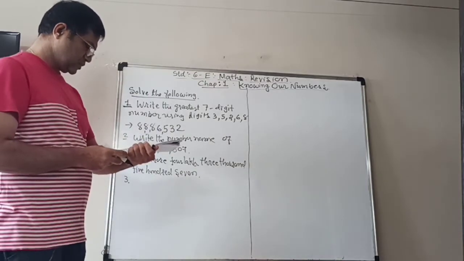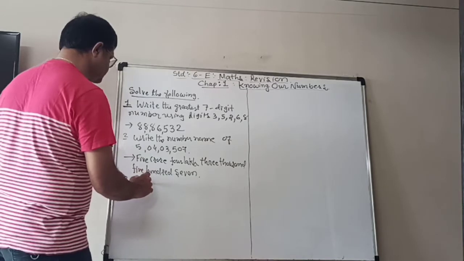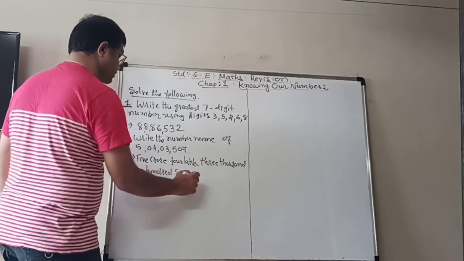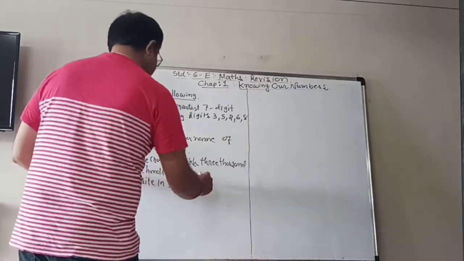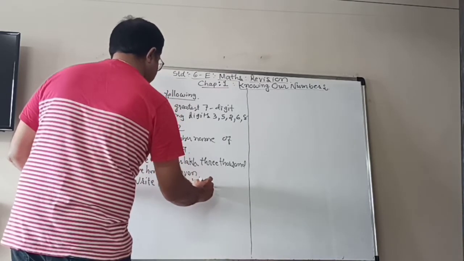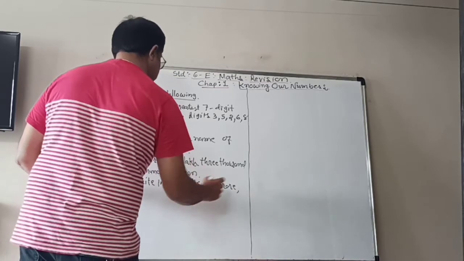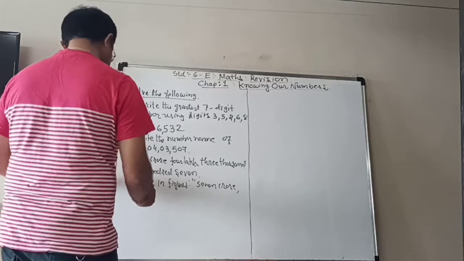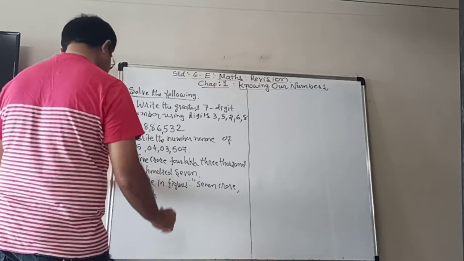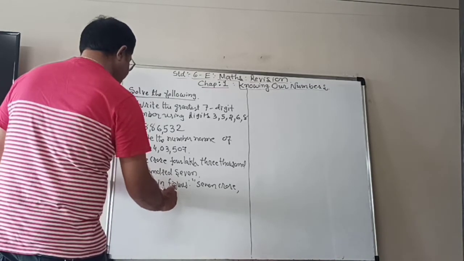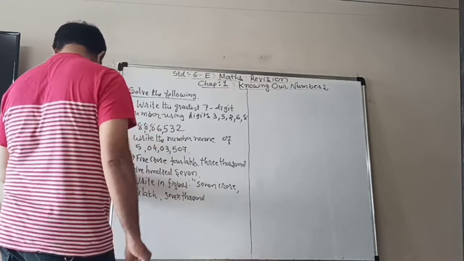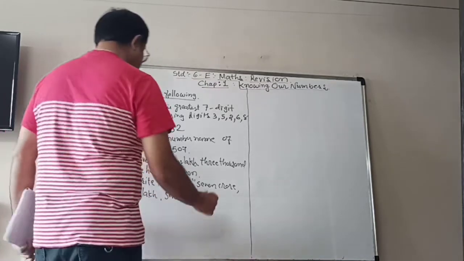Third one. Write in figures. And that we will write down like 5 crore, let's take another one, 7 crore, 6 lakh, 7,000, 907.